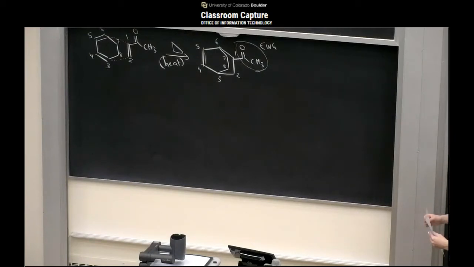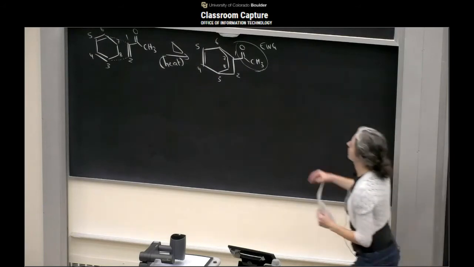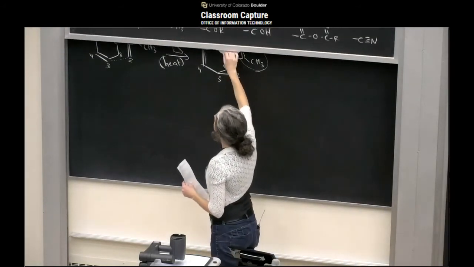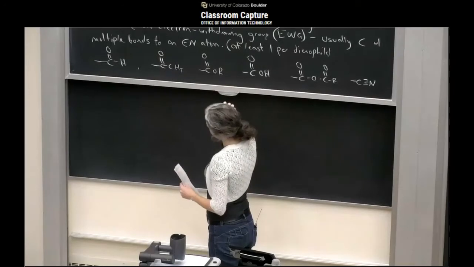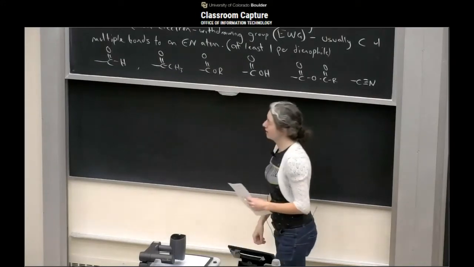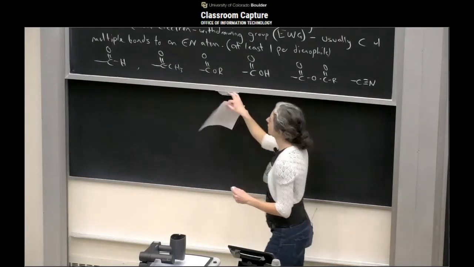So, electron withdrawing groups, let me go back and tweak how I worded things up here just a little bit. Because it turns out you can get it to work if you don't have any electron withdrawing groups on there.